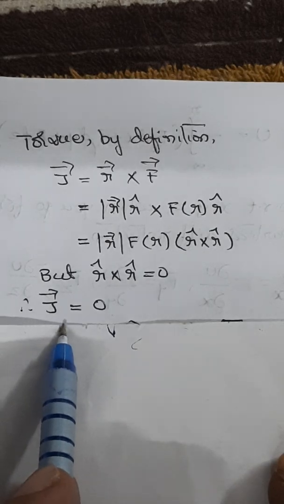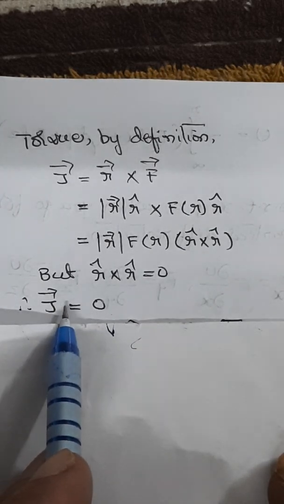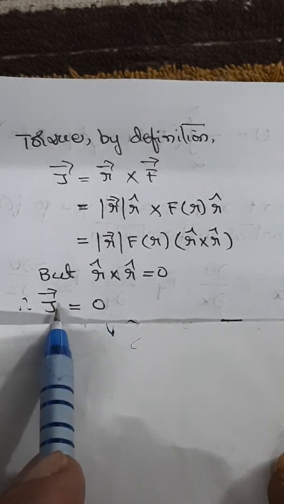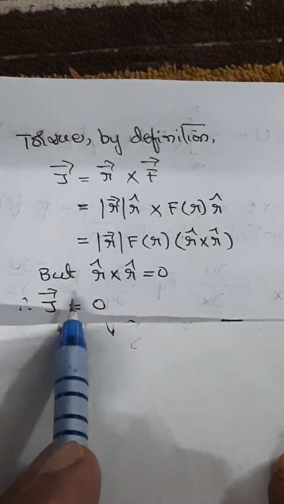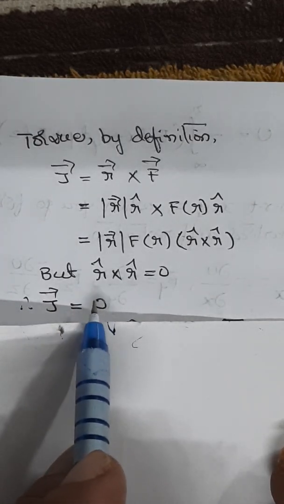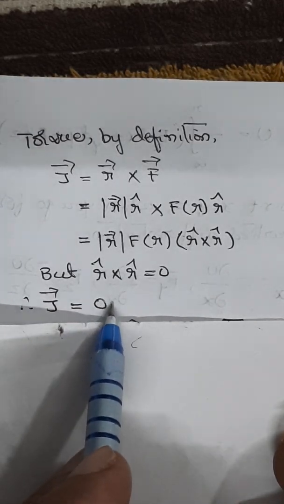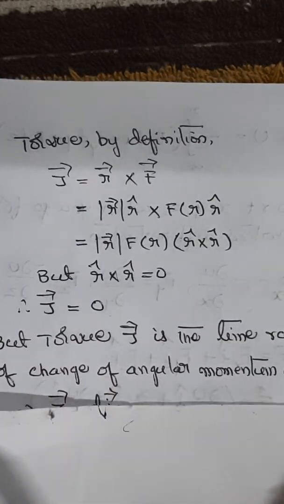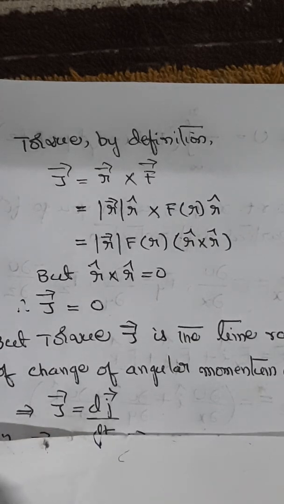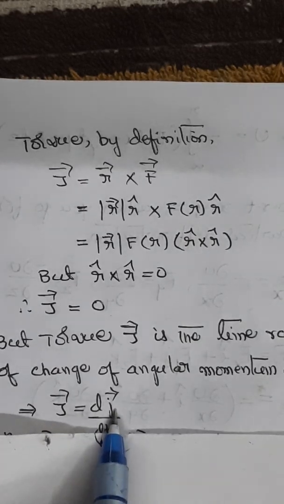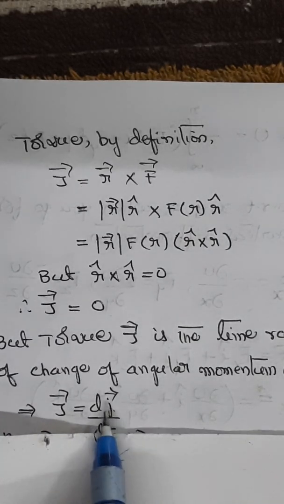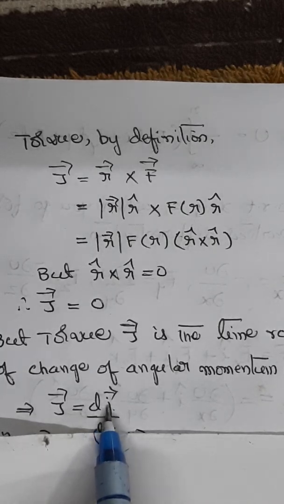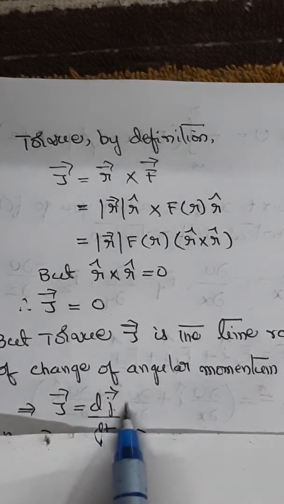What is torque? Torque, or tau, is the time rate of change of angular momentum. Since tau equals d by dt of P or J. P earlier we used to write for normal angular momentum. In the case of central force, we will write the angular momentum as J. Without central force, it is represented as P bar. With central force, angular momentum is represented as J bar.